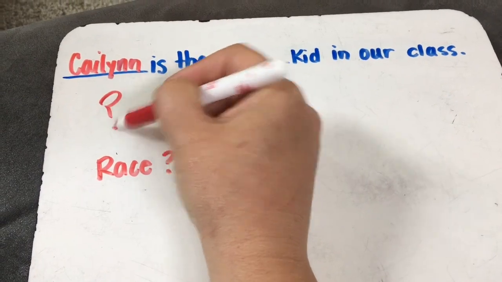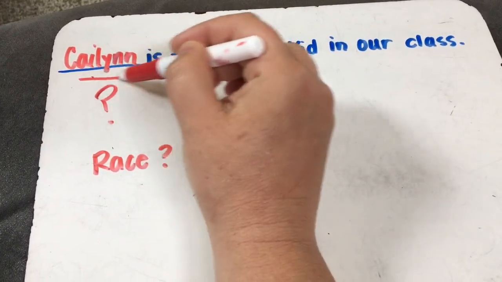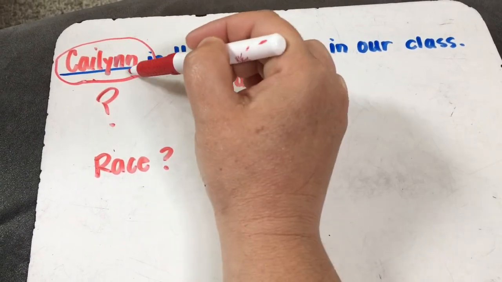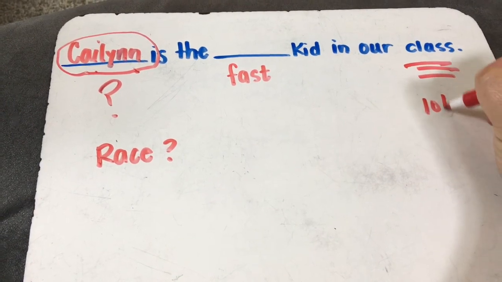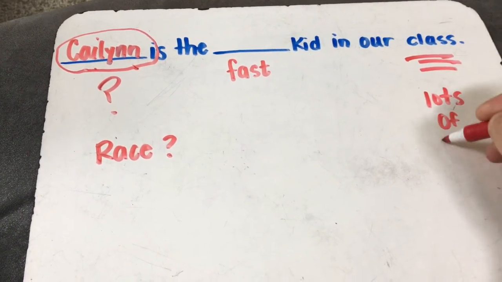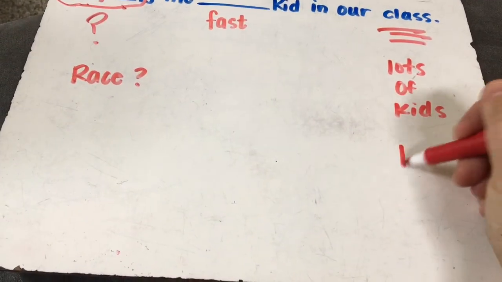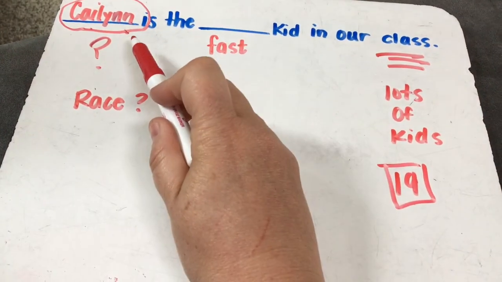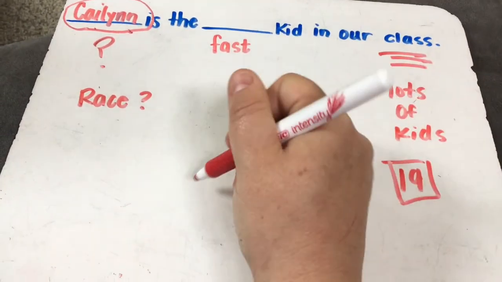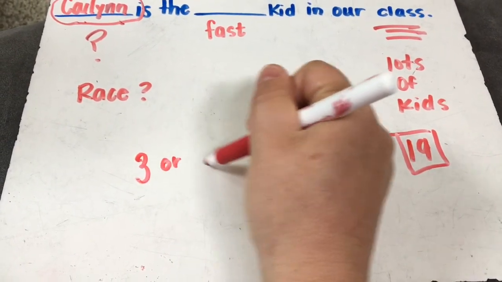So we have Kaylin, and we are comparing her to the entire class. If you think about Mrs. Wirgo's classroom 317, there are lots of kids in that class. And if we're comparing Kaylin, we're comparing her to the other kids in the class. There are 19 other kids in the class. So if you're comparing her to 19 others, that is 3 or more.